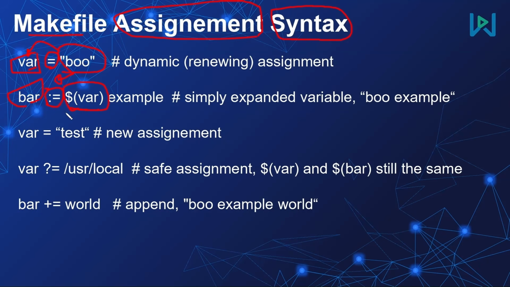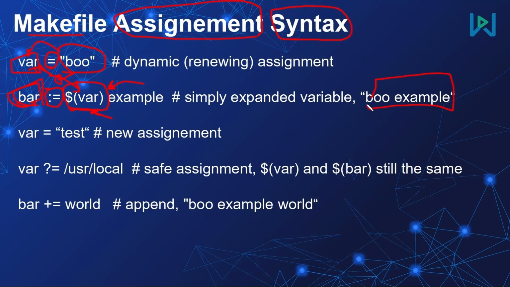This mainly means that if we include another defined variable within the assignment of this bar1, then this variable will be expanded during the assignment. Hence, in the background, bar will get assigned this value, boo example, because this variable gets expanded immediately here.